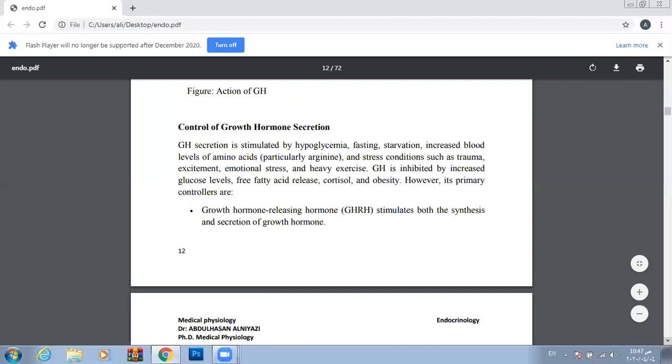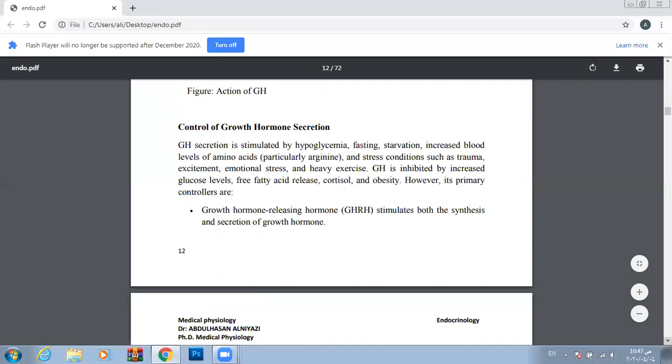Fasting, starvation, increase blood level of amino acid, particularly arginine, and stress conditions such as in trauma, excitement, emotional stress, heavy exercise. كل هذه تساعدنا في عملية secretion of growth hormone.